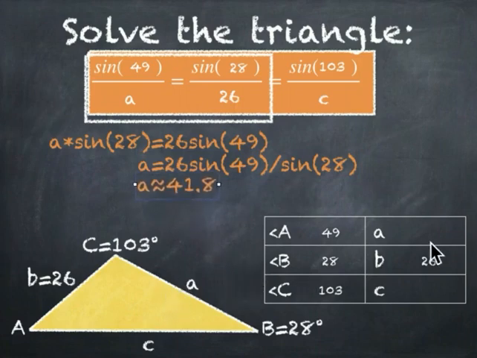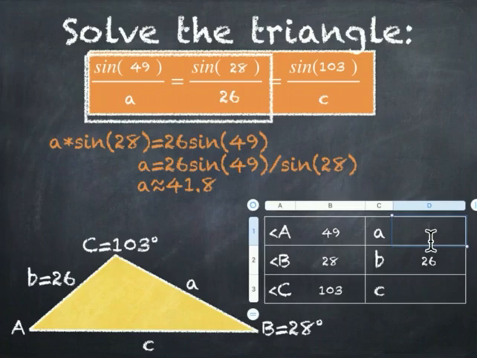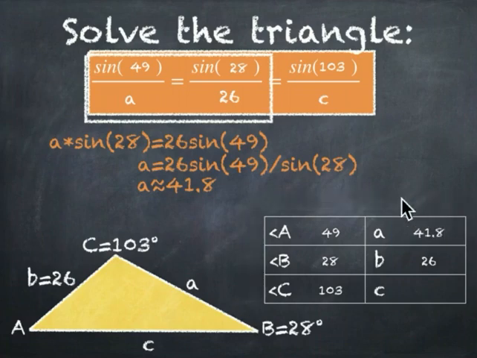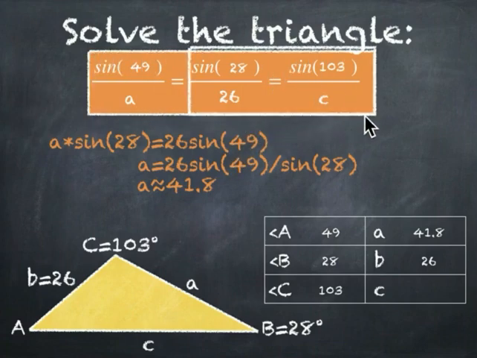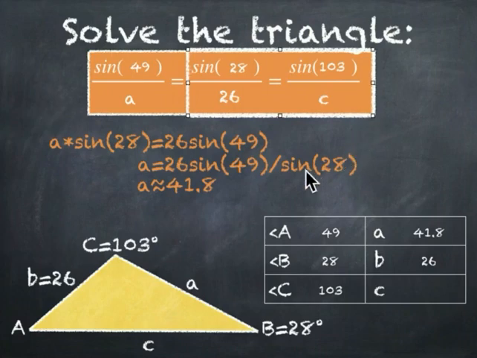And so we can fill that in, 41.8. And if we want to find side C, normally, with knowing 2 out of the 3 sides, I'd be reaching for the Pythagorean theorem, but I can't. That doesn't apply in this triangle. And so you're going to have to set up another fraction like this time using this combination of sides.